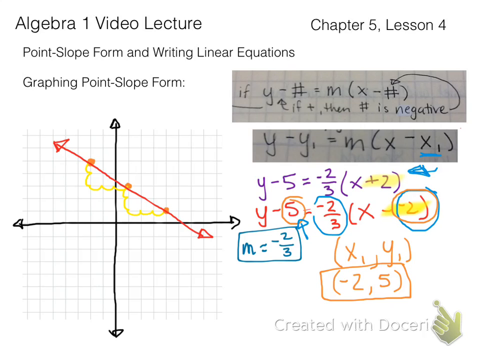Okay? So that's how you determine the slope and the points for point-slope form, which allows you to graph this line very easily without having to make a table. The whole reason we like to do this is so that you can graph without having to make a table, because tables do take time.